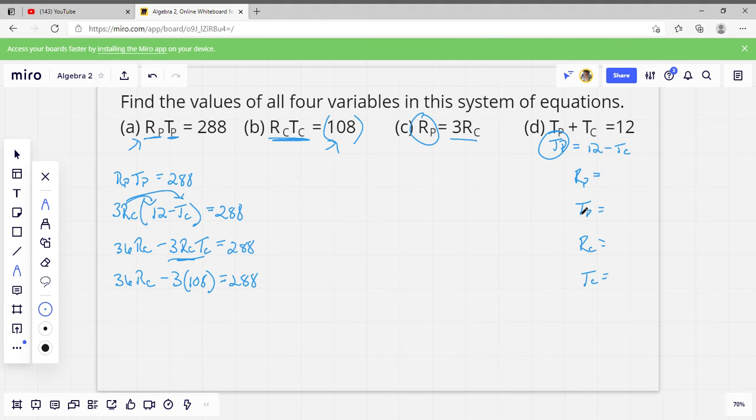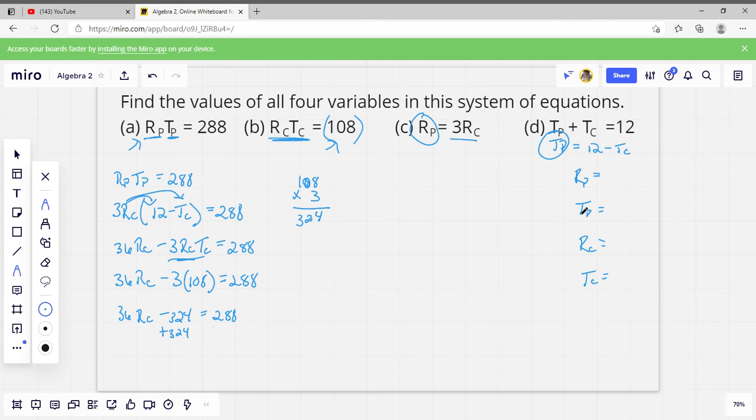So now I have to do 108 times 3. 3 times 8 is 24, 3 times 1 is 3: 324. So 36 RC minus 324 equals 288. See how we're down to one variable now.